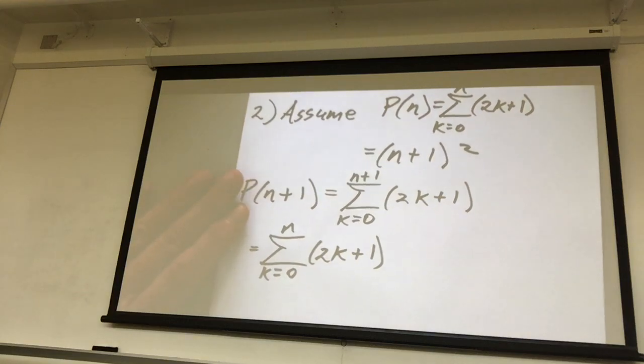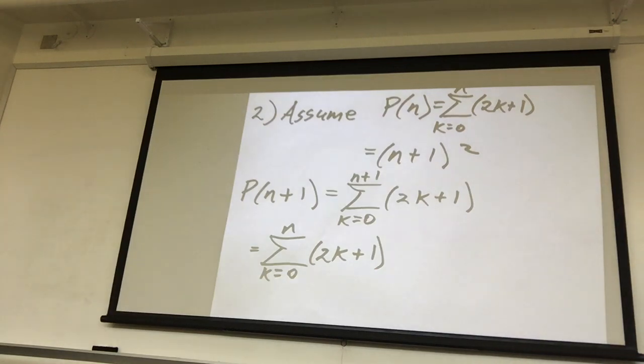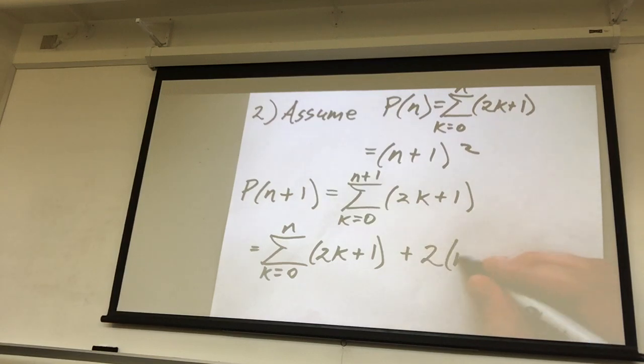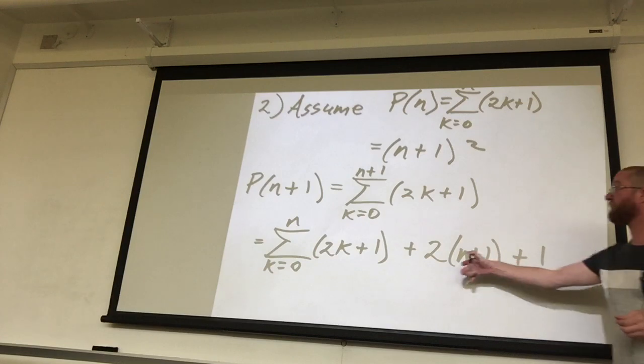Okay. Now this has to incorporate another term into it, the n plus 1 term. Okay. So plus now 2 times n plus 1 plus 1. Okay. So I'm isolating every term before the n plus 1 term.